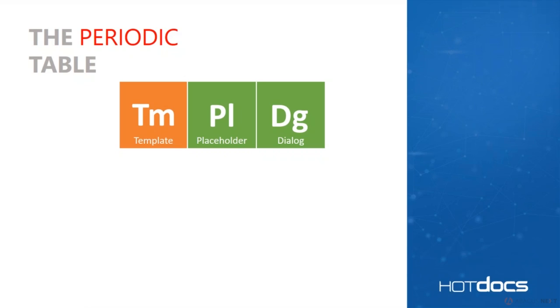When we have templates, placeholders, and dialogues, we now have a functioning template. And in order to gather the information we need an interview. And as you've seen, HotDocs will generate an interview for you by default. But there are some ways that we can control how that interview behaves and how we interact with it inside the template, rather than leaving everything up to HotDocs.